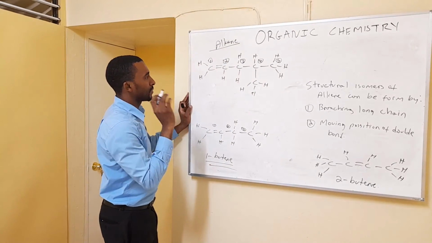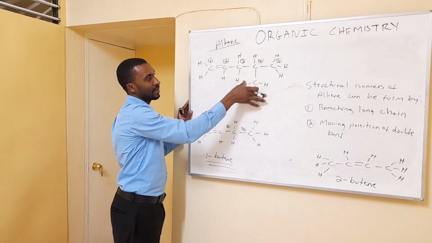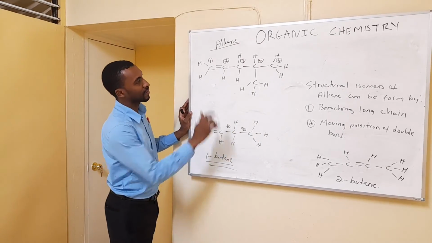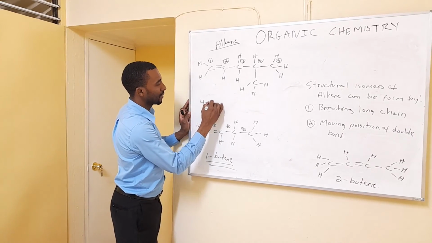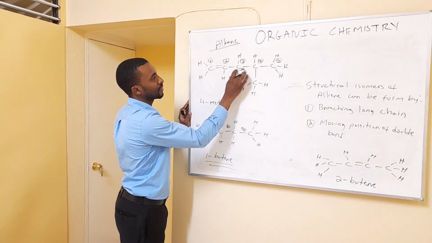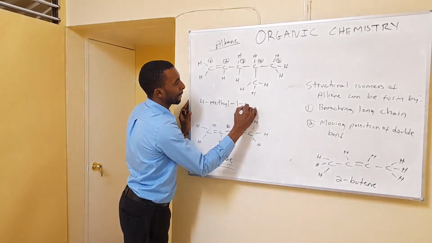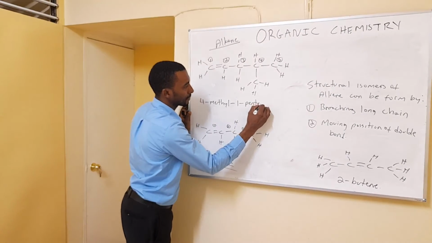Alright? So the name of this, just as in the alkanes, we're going to name the branch aspect first. So in this case, it's going to be 4-methyl, the longest chain is 1, 2, 3, 4, 5, but it's 1-pentene.